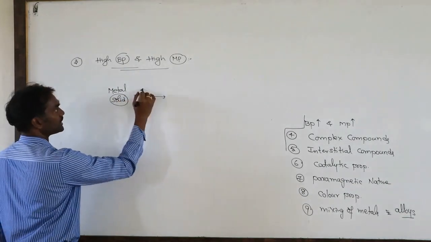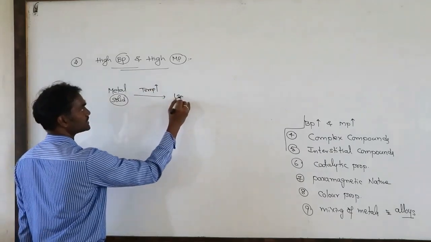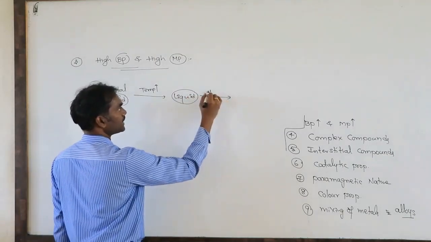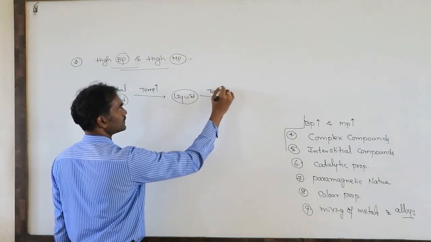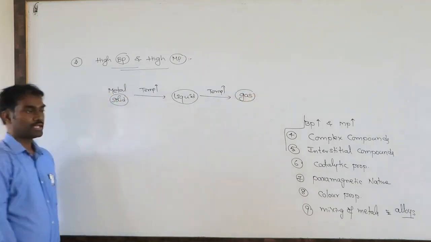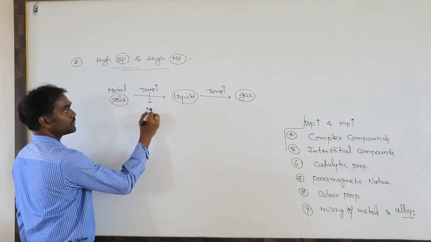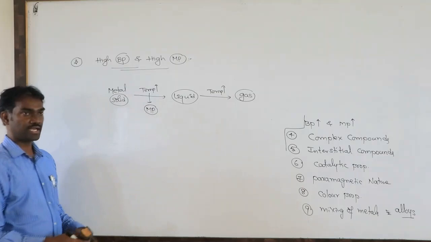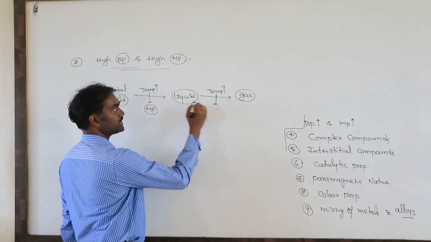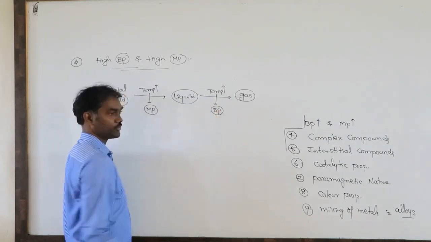When we heat the solid and give temperature, it becomes a liquid. Again we heat, and it becomes a gas. The temperature at which solid becomes liquid is called the melting point. The temperature at which liquid becomes gas is called the boiling point.